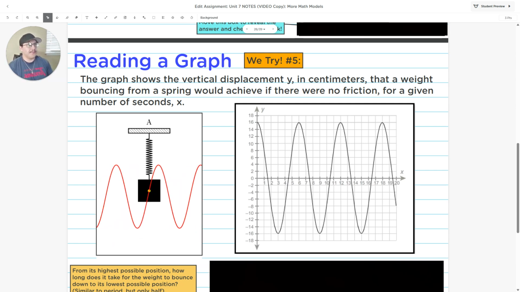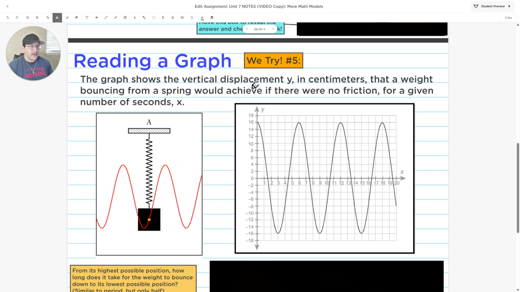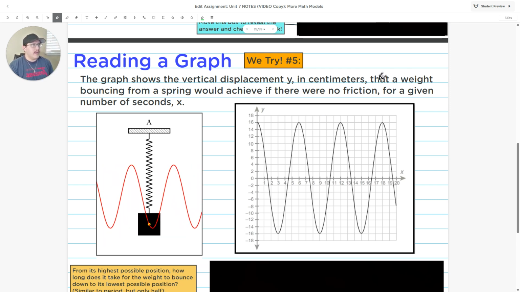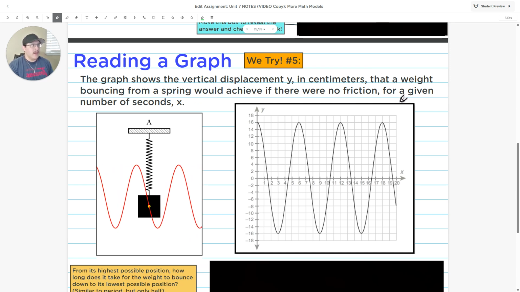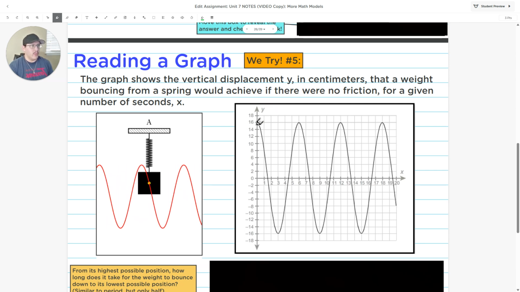problem. So the graph shows a vertical displacement. Vertical displacement meaning the distance from its resting point, either up or down, y in centimeters, that a weight bouncing from a spring would achieve if there were no friction. For a given number of seconds x. So this y value is in centimeters.